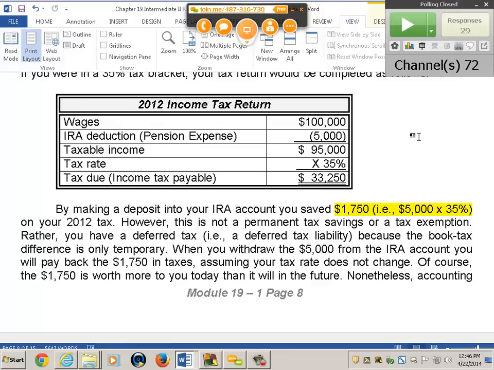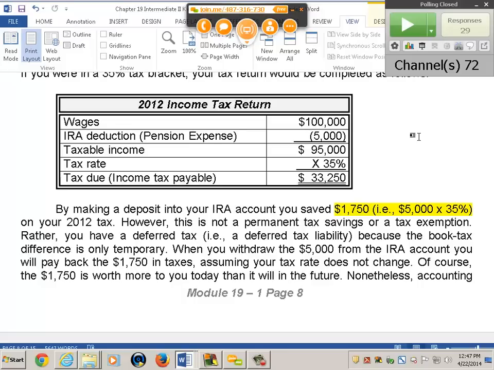So in this case, it is a temporary book tax difference. The temporary book tax difference is $5,000. And the tax rate is 35%. So the deferred tax is $1,750.